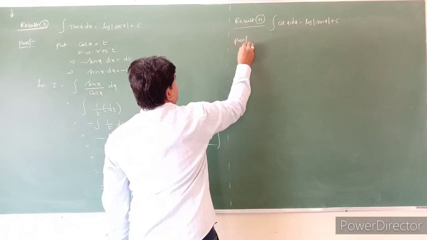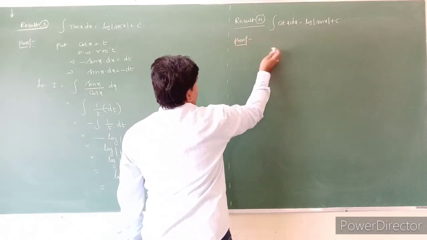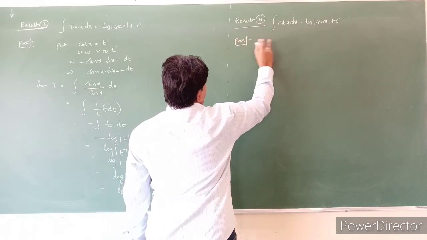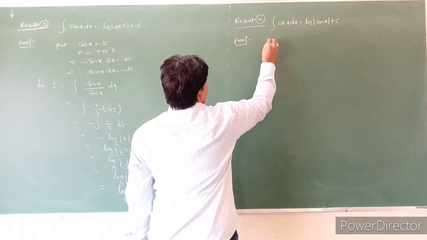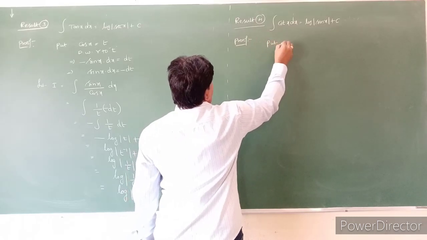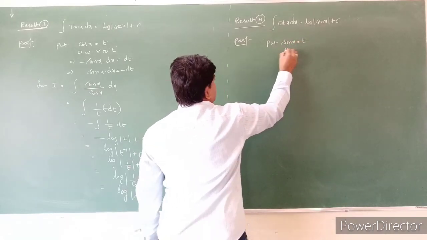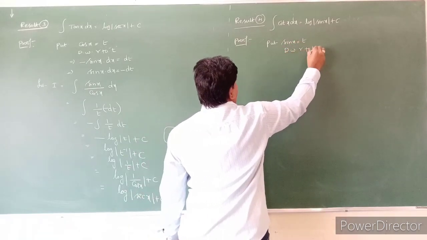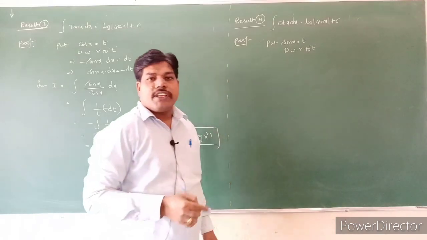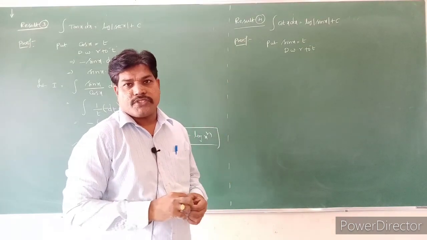I will do that. First I will take sin x is equal to t. Put sin x is equal to t, differentiate with respect to t. What happens?